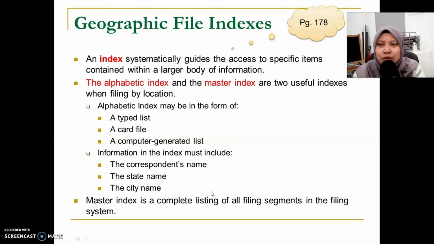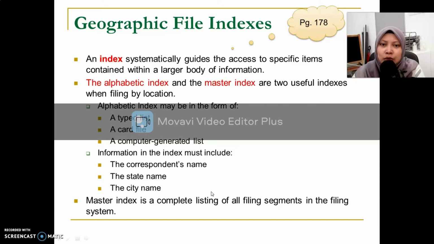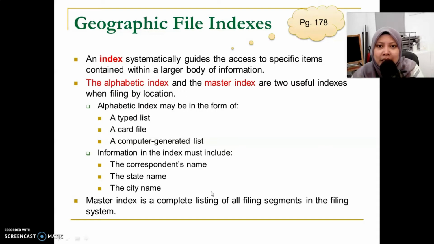That's why, in order to make retrieval faster, kita kena ada filing indexes. These filing indexes memudahkan kita ada access, kalau kita tahu nama owner dia, kita cari mengikut nama owner dan kita tahu dia punya location.